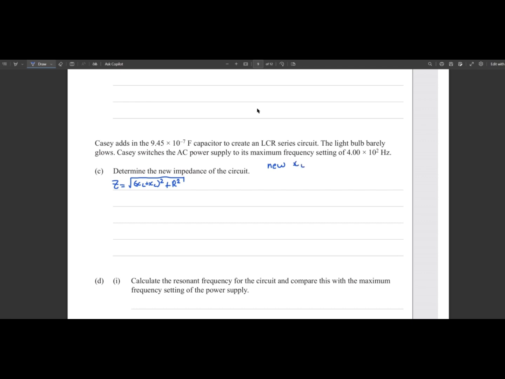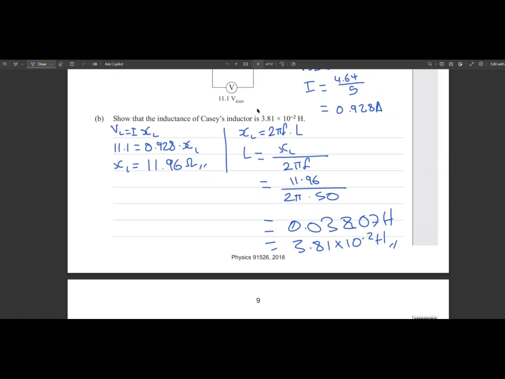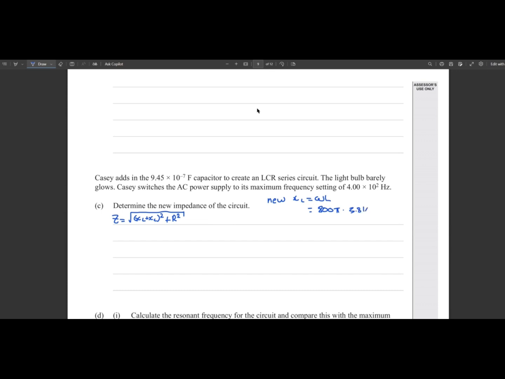So new XL is omega L, which is 2 pi times 400, that's just going to be 800 pi times 3.81 times 10 minus 2 Henry.